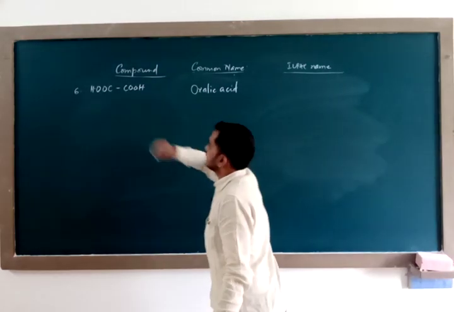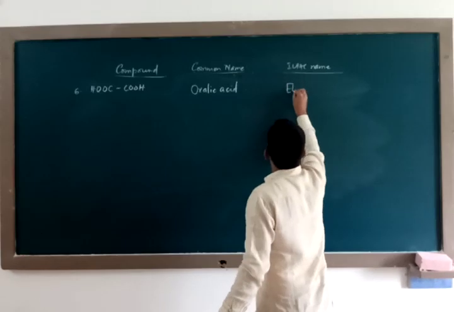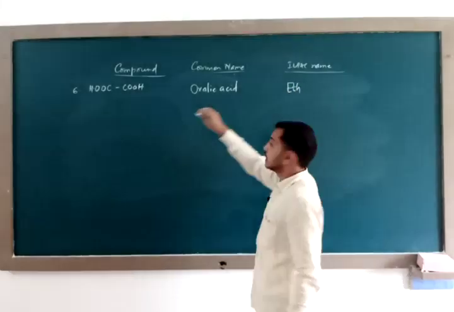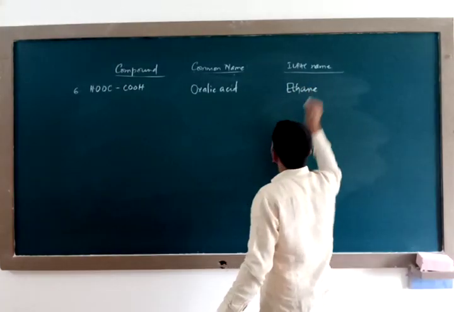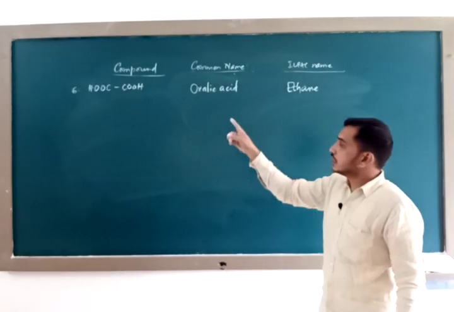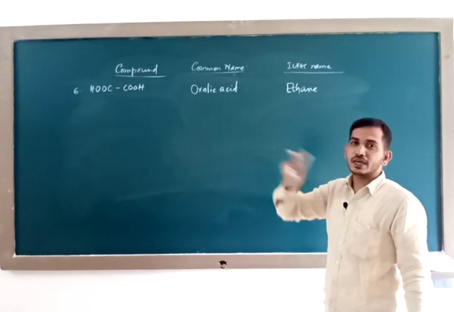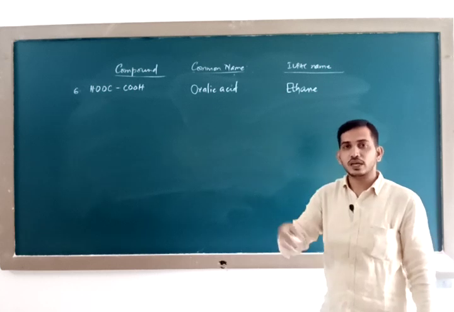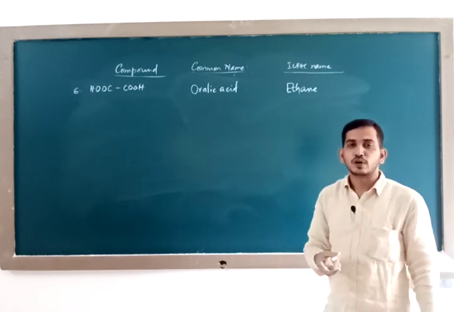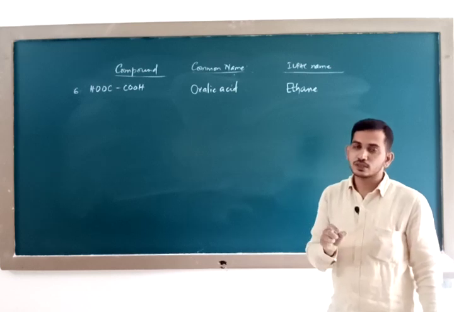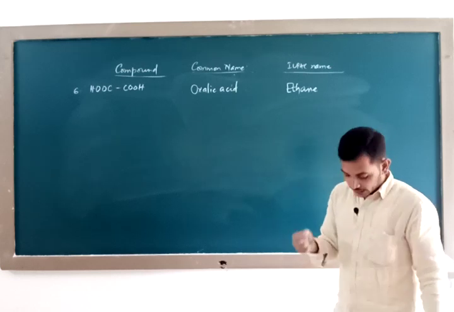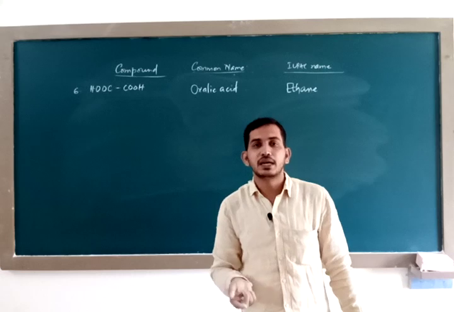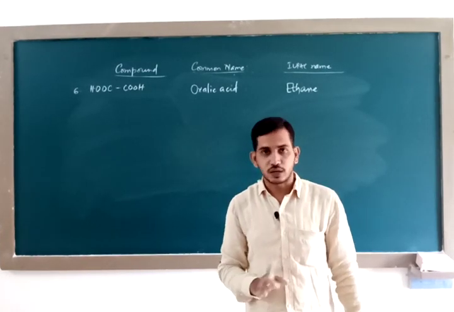Since two carbons are there, write eth. Both are bonded by a single bond, so ane. Since the carboxyl group appears twice, you need not write oic acid twice. You will attach a prefix to oic acid. Whenever a functional group appears multiple times, their names are not repeated.